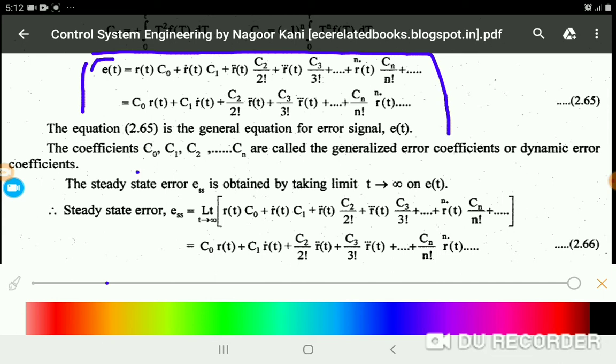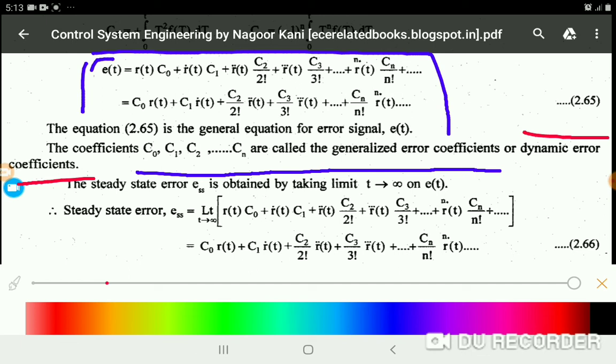Here the terms c0, c1, c2, c3 up to cn are called generalized error coefficients, or they may be called dynamic coefficients, meaning they change with respect to time. The cases we described before are static error coefficients. Static means stable. Dynamic error coefficients change with respect to time.